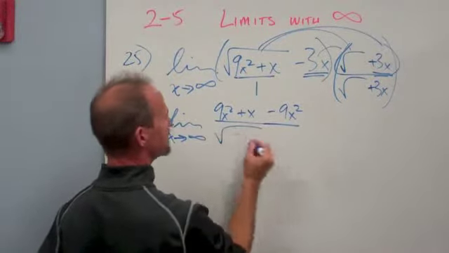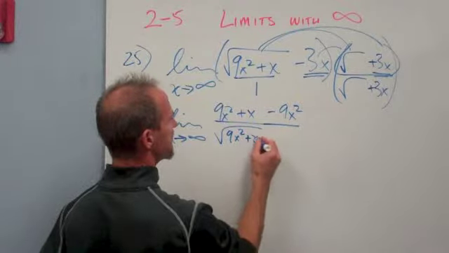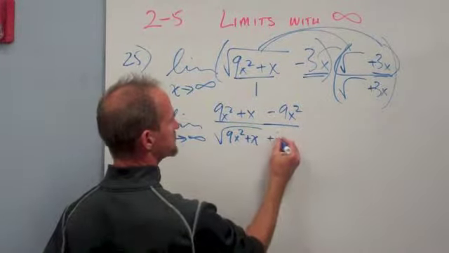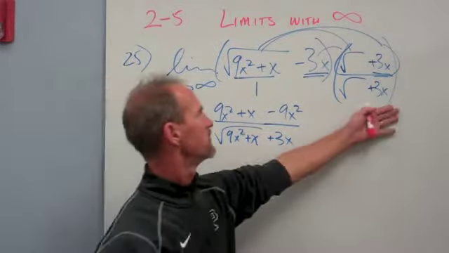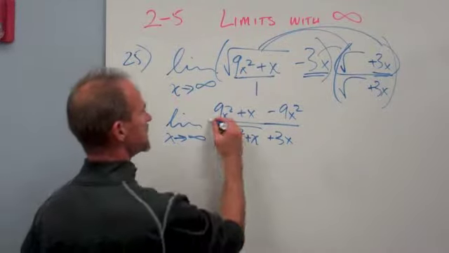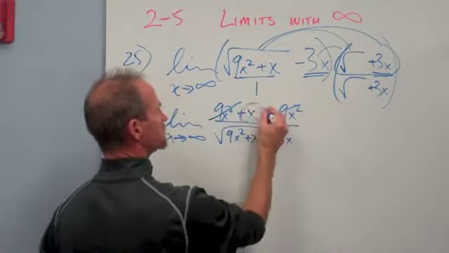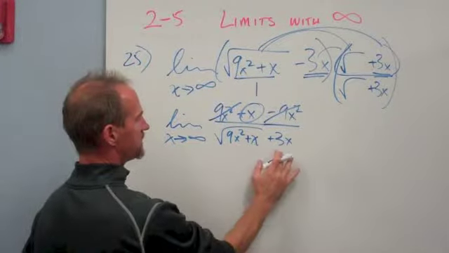I just get radical 9x squared plus x, and then plus 3x. So that's my new fraction that I get when I multiply by that conjugate. Okay, what happens here? Well, these guys cancel, and I end up with just a positive x. Okay, now I'm not going to do anything down here.